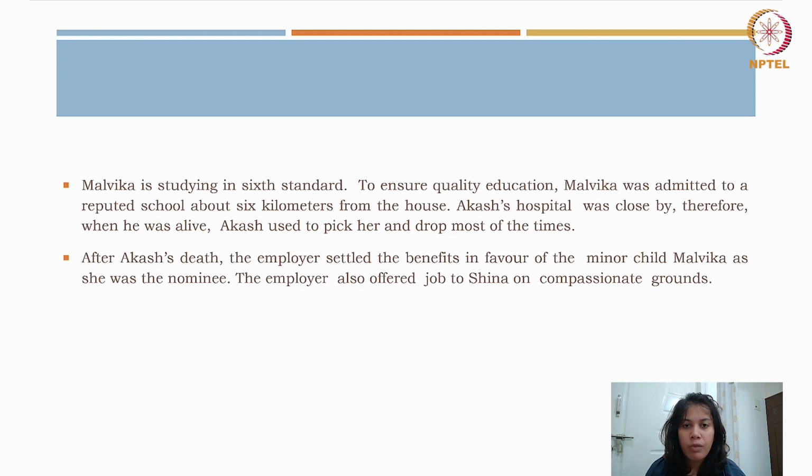It was near Akash's hospital, so it wasn't a problem earlier when Akash was alive, because he used to pick her up and drop her. But now it is very far. After Akash's death, since Malvika was the nominee, the benefits were vested in her, and on compassionate grounds, the employer offered a job to Shaina as well.